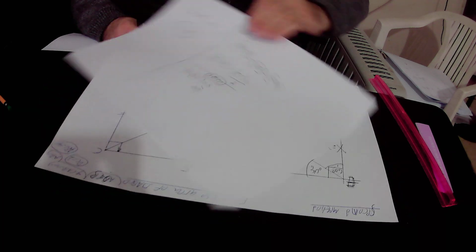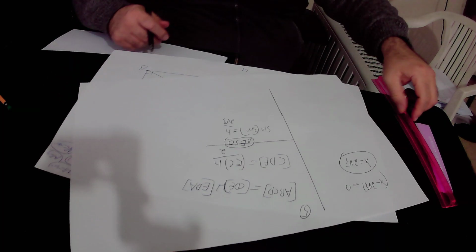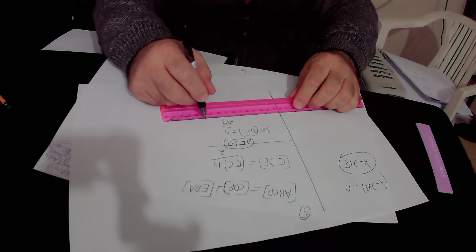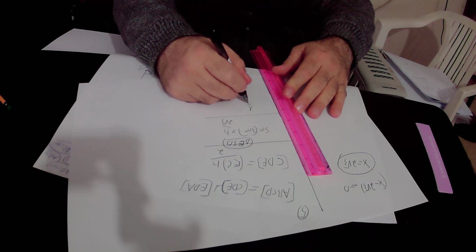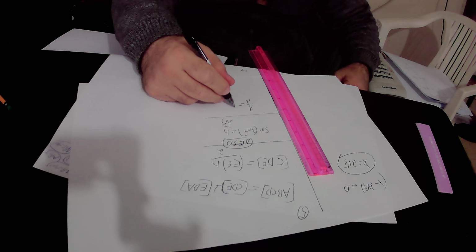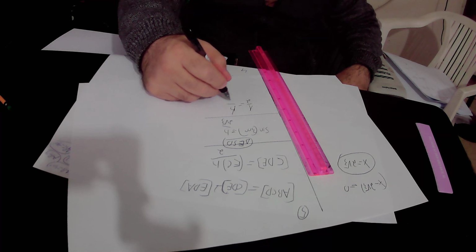We also know that sine 30 degrees is equal to 1 over 2, so 1 over 2 equals h over 2 times square root of 3.